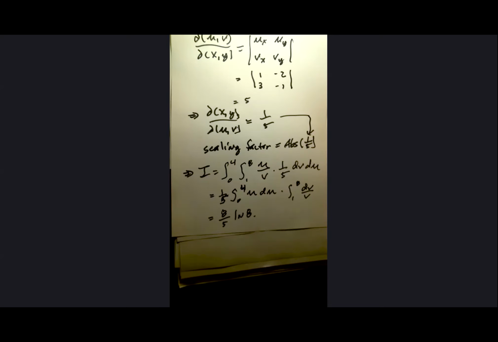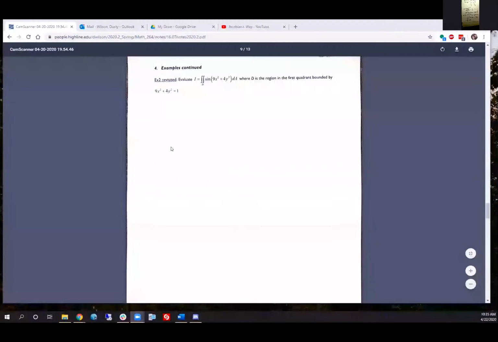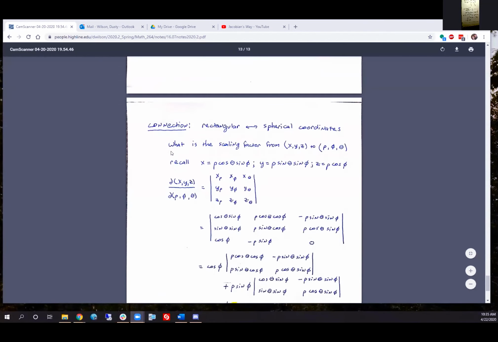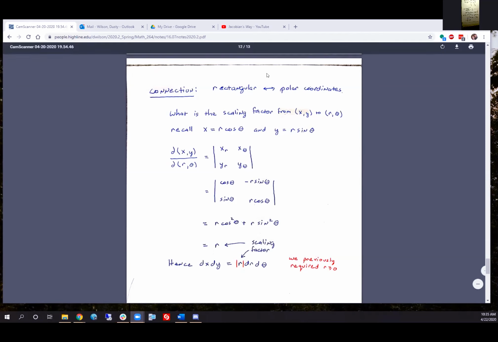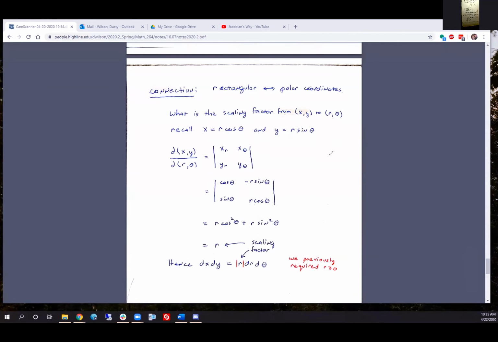Yeah. Let me go and hit Enrique's question and see if I can make a connection with something that you've done in the past. So how might this work? Let's make a connection between what we're doing now and the conversion between rectangular and polar coordinates. If you wanted to find the scaling factor to go from xy to r theta, you would use the formula that x equals r cosine theta and y equals r sine theta.